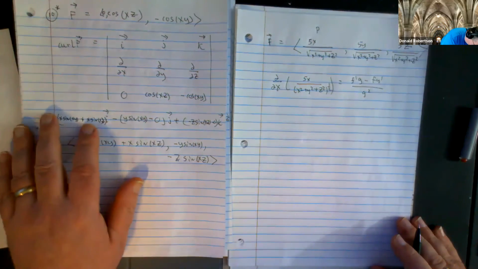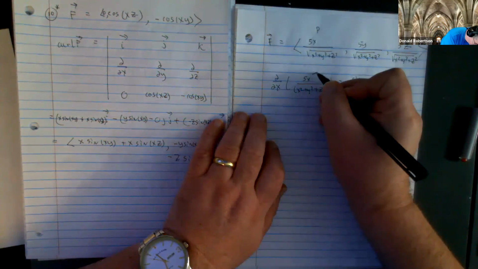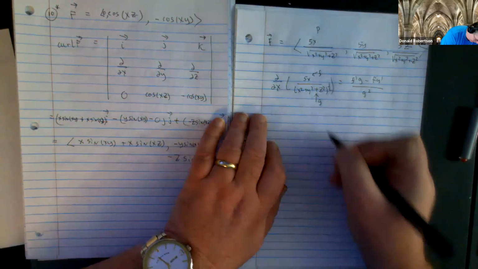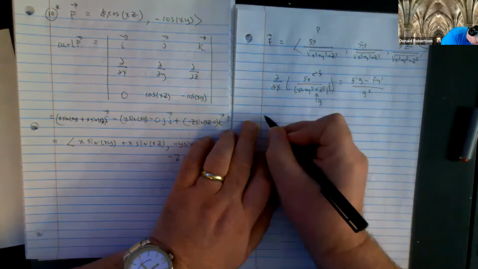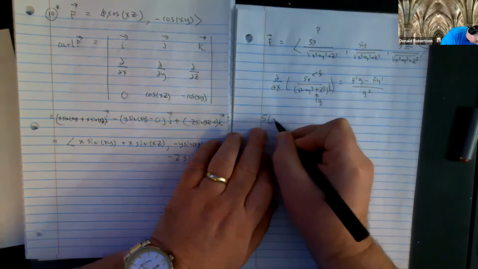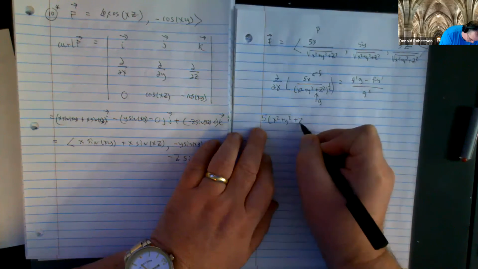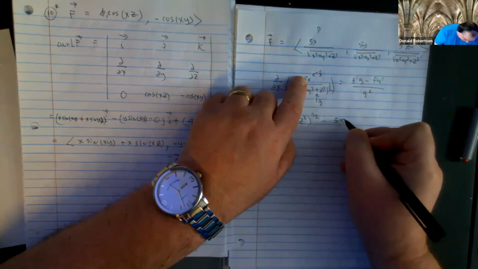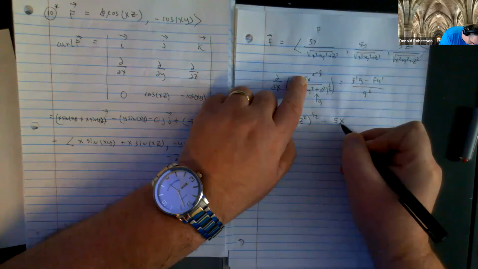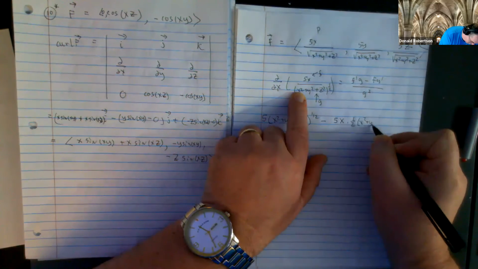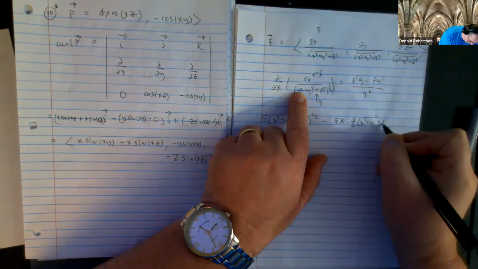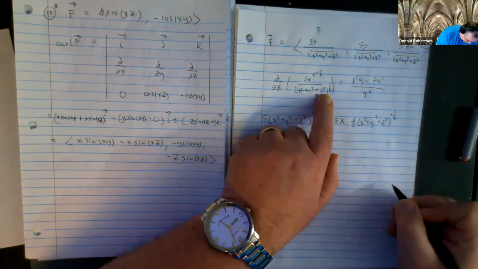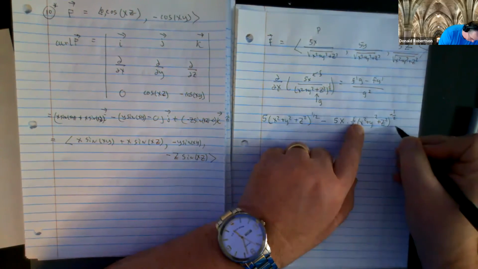So the top guy is called F. That whole bottom thing is called G. So when I differentiate the top, I'm going to get 5, and I'm going to leave the bottom untouched. Take away, I'm going to leave that guy untouched, and now I have to differentiate that, which is a chain rule. It's 1/2 times x squared plus y squared plus z squared, with the power reduced by 1, times the derivative of that, which is another 2x.